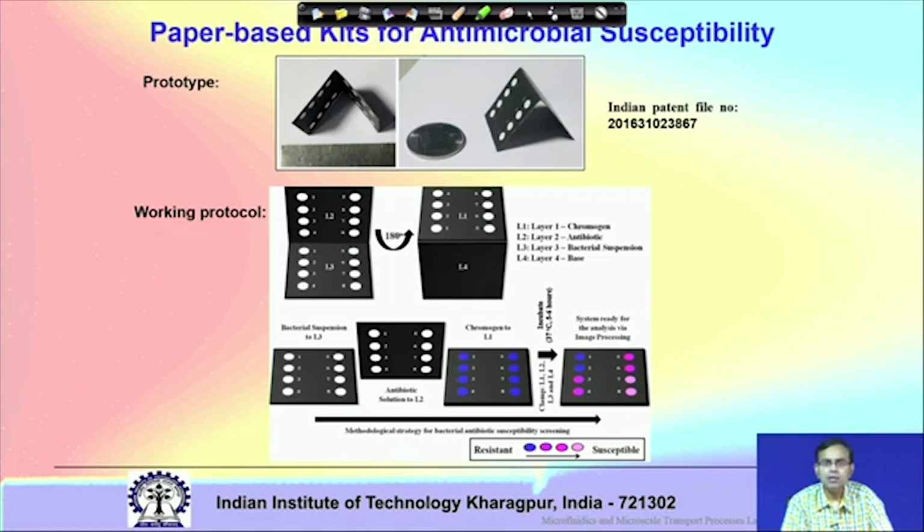Whether an antibiotic will work for a patient or not, we can find out with a simple low cost rapid test using the blood sample of the patient, by confronting that sample with antibiotics and seeing whether a particular antibiotic is working in killing the particular bacteria or not, and for that, simple low cost paper based devices can be used.